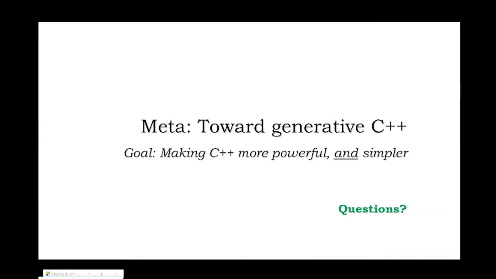Hi, Herb. This is Federico Carminati from CERN. I have two questions. The first one is, Bjarne Stroustrup says that there is a very simple language inside C++ that is struggling to come out, and I see what you're doing as one more episode of this heroic struggle. And in some sense, you are moving complexity from somewhere else by abstracting it, and of course this reduces the overall complexity.